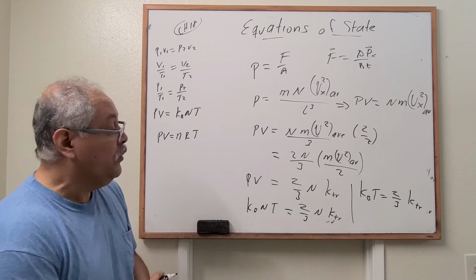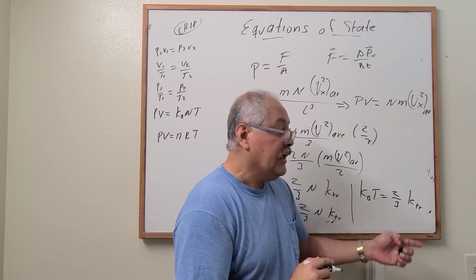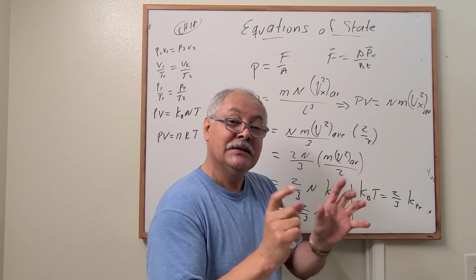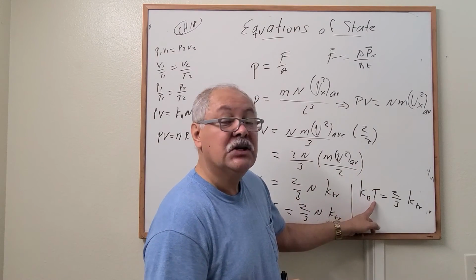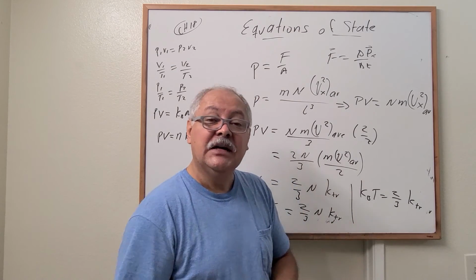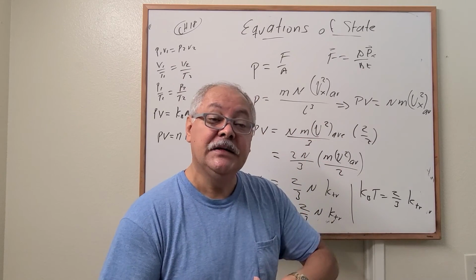This equation is very important because we can see that the translational kinetic energy of the molecules in a gas is proportional to the absolute temperature. And that's one of the definitions of temperature. In the previous chapter, we tried to define temperature.